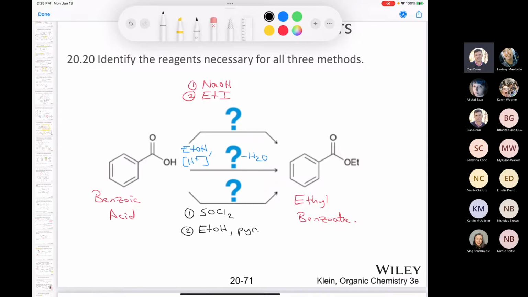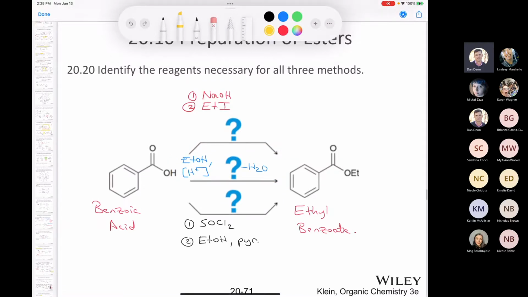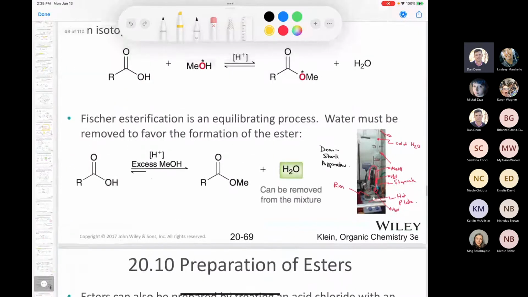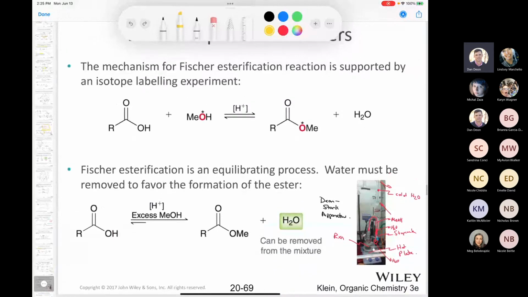I want to draw your attention to Fischer again, and you're going to see we're going to talk about esters a lot. Now, Le Chatelier's principle came up earlier in the lecture, and it's going to come up again now, okay? Because what was the driving force behind the Fischer esterification? It is an equilibrating process. The whole thing is in equilibrium.